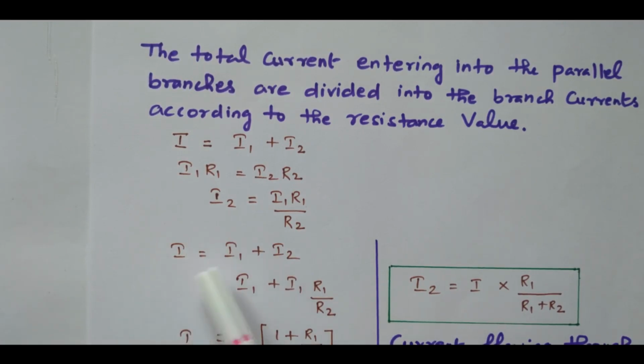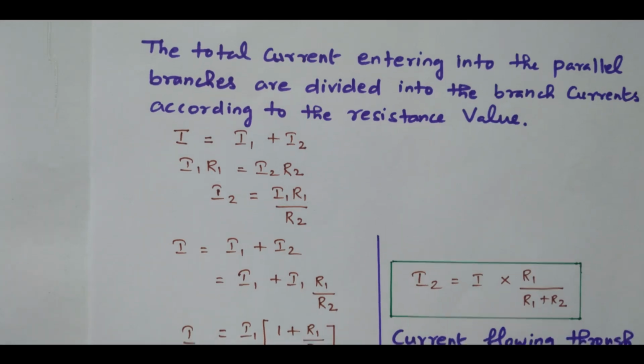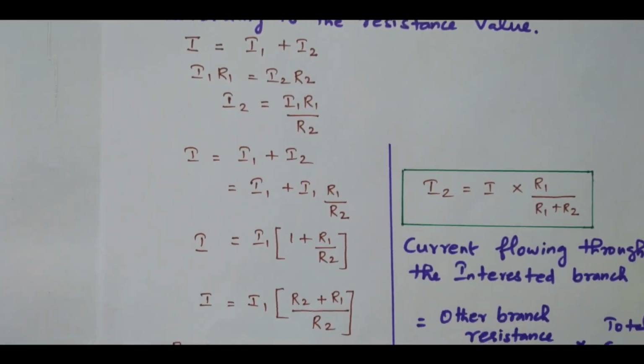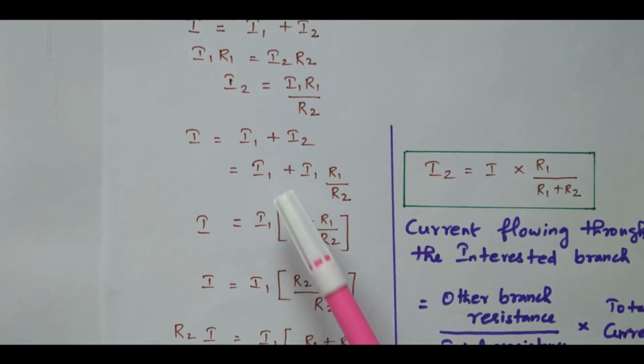We know that I equals I1 plus I2. In that, substitute this I2 here, so I1 plus I1 R1 divided by R2. This I2 is replaced by this value. Now take I1 common, as I1 is available in both the terms. So I1 times (1 plus R1 divided by R2).